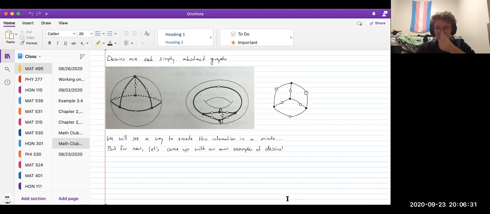If you don't want to draw on the screen, you can just draw for yourself on a piece of paper or a notebook, just a graph. But with the cube, let's see. We want to make this bicolored, so let's see if we can do that.